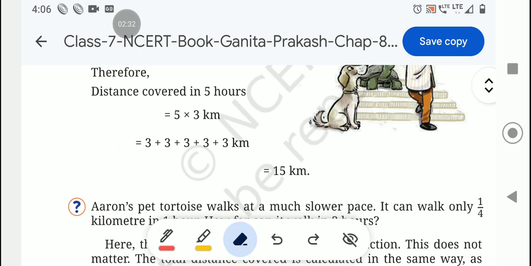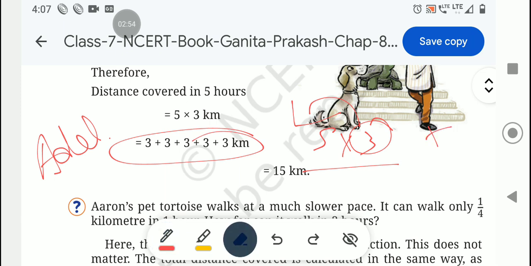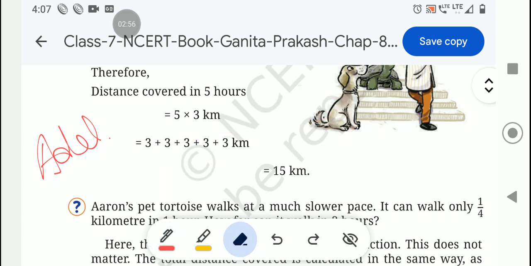You can find the answer to this question in a multiplication way, or in the addition way also. 5 into 3 means you are adding 3 five times. In multiplication, in one step you can do 5 into 3, which is 15 kilometers.